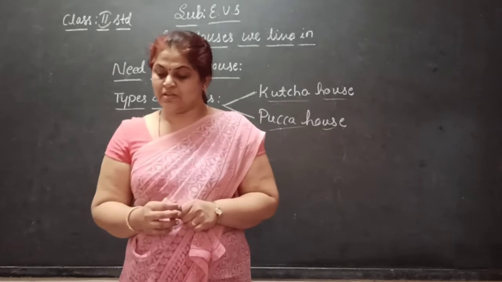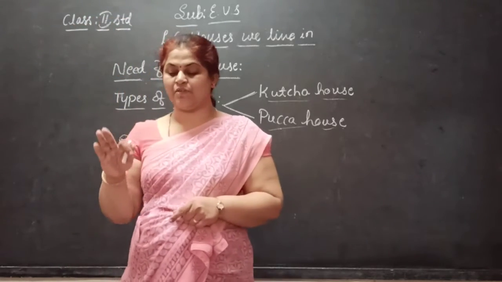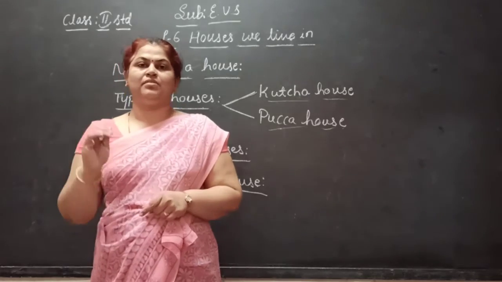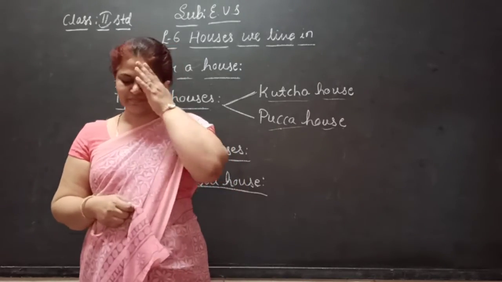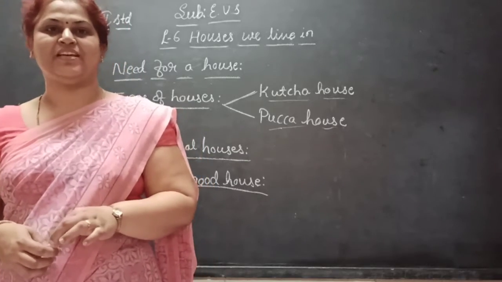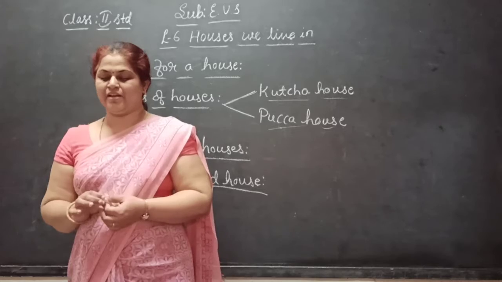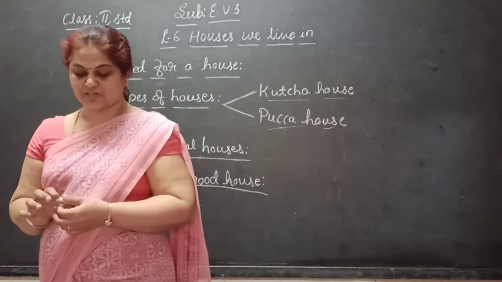There is nothing underneath. We can find these stilt houses in Dharwad, where heavy rain is there. There these houses can be constructed.